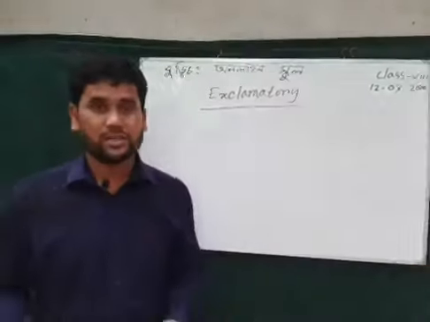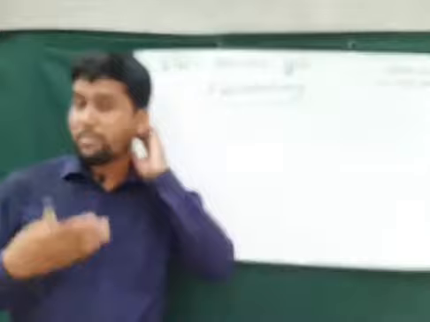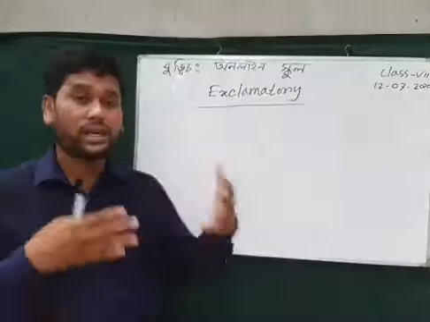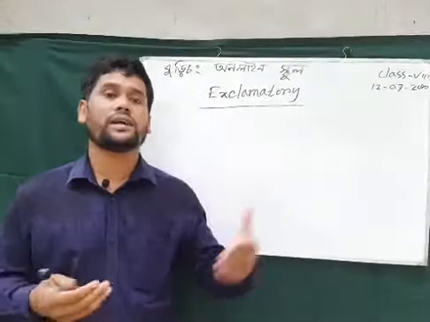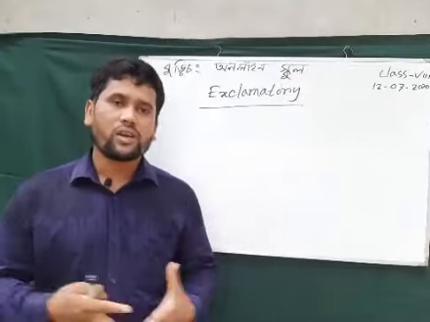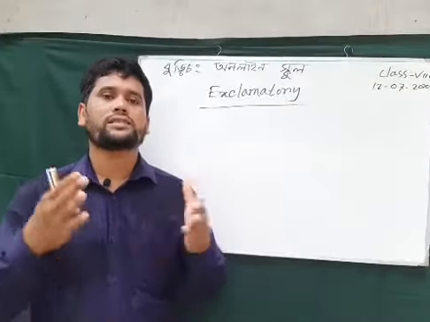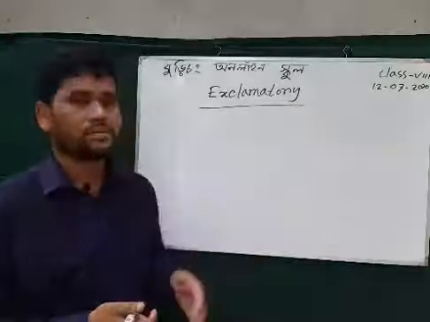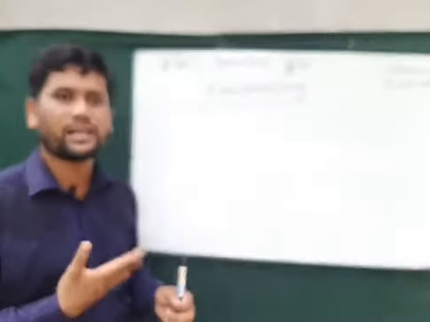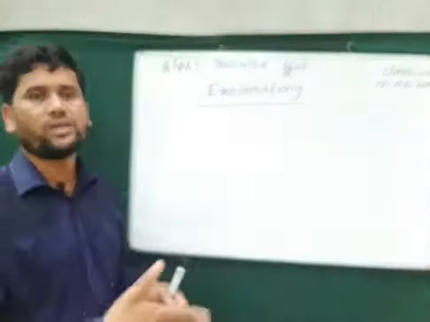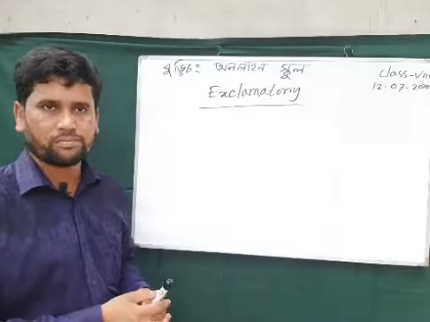So, exclamatory sentence. My topic today is how we can change assertive to exclamatory. I have already discussed assertive sentences. An assertive sentence starts with a subject and verb, and at the end we find a full stop.